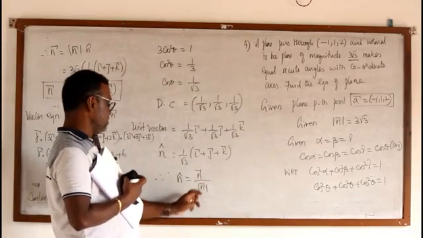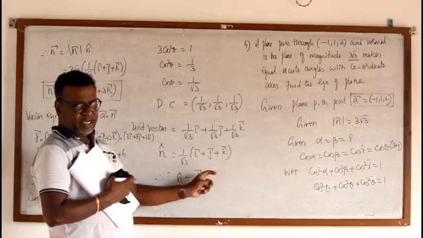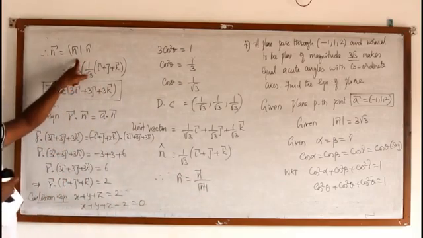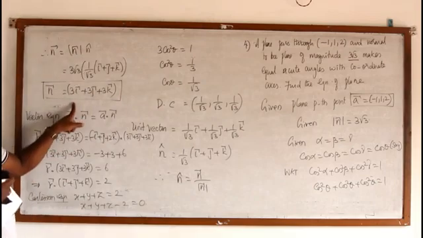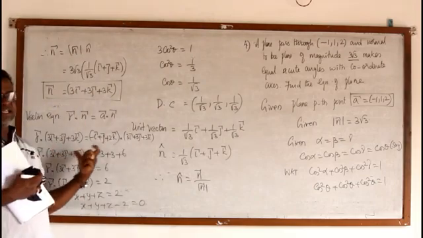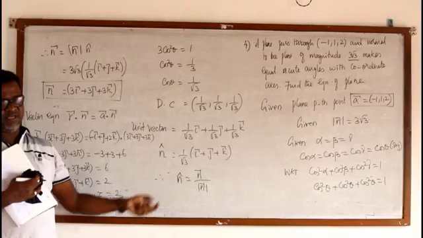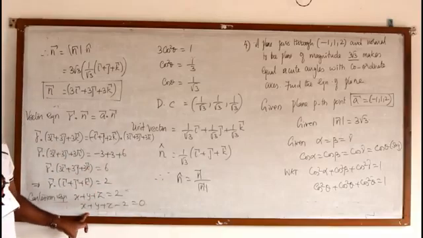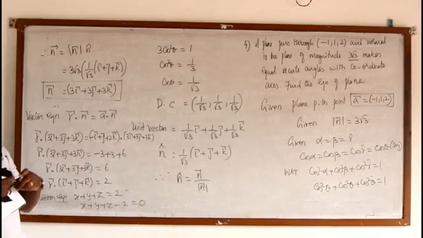So n cap is this. We know n cap is n vector by modulus of n vector, therefore n vector is modulus into n cap. Normally I can find n cap. Then r dot n equal to a dot n. That gives the equation of plane. When we simplify, we will get this equation. Therefore, this is the corresponding Cartesian equation.